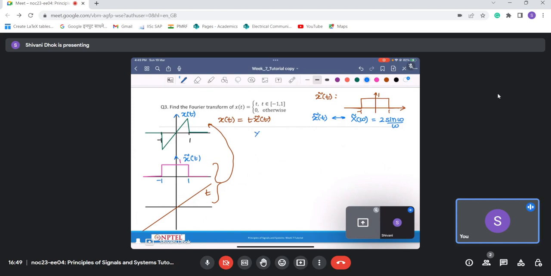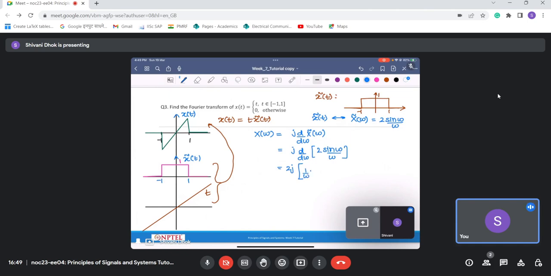So X(ω) will be equal to j times d/dω of X̃(ω), which is equal to j times d/dω of 2 sin ω upon ω, which we can write as 2j, taking 2 common, with 1 by ω as it is.